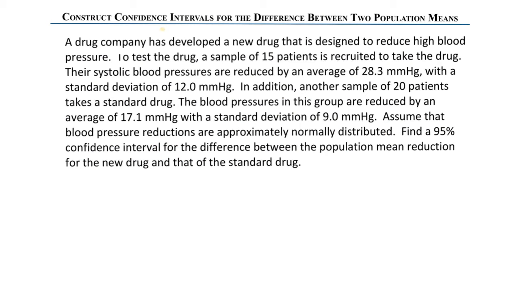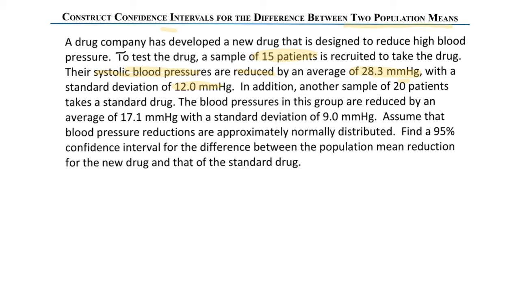Example on constructing a confidence interval for the difference between two population means. A drug company has developed a new drug that is designed to reduce high blood pressure. They take a sample of 15 patients and give them the new drug, and it shows that their systolic blood pressure reduces by an average of 28.3 millimeters of mercury with a standard deviation of 12 millimeters of mercury.